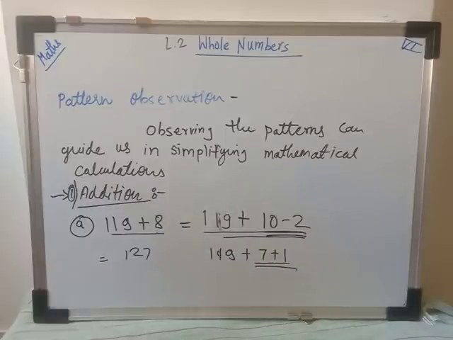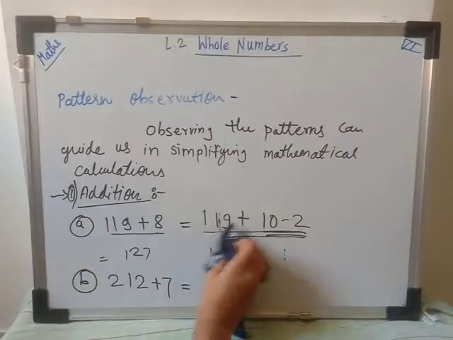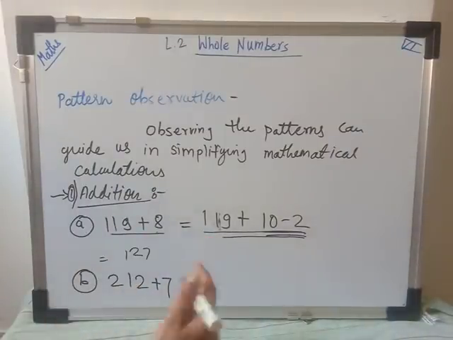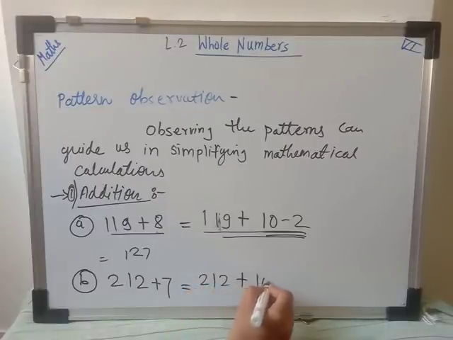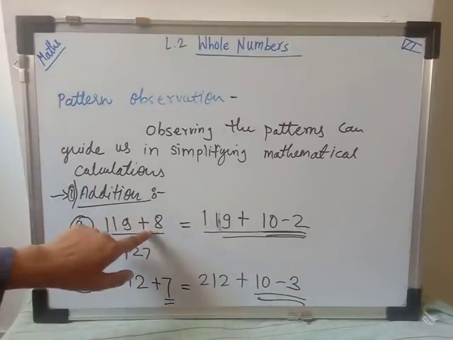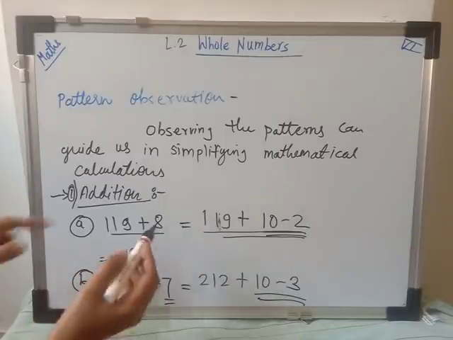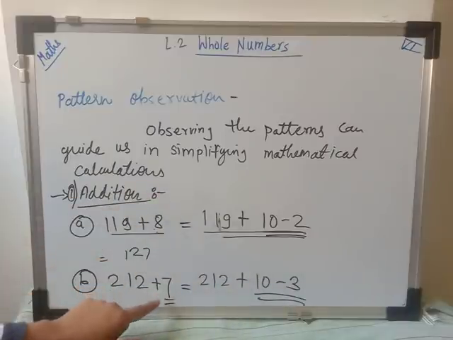Now let's see another example for the addition. 212 plus 7 is equal to, now we are going to arrange it in this pattern. Again 212 plus 10 minus 3. 10 minus 3 is again 7. So here you can see I have used 8 and 7, so I am going in a decreasing way. This is the one pattern over here.